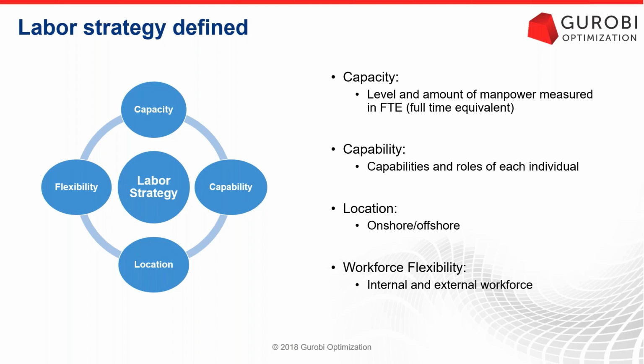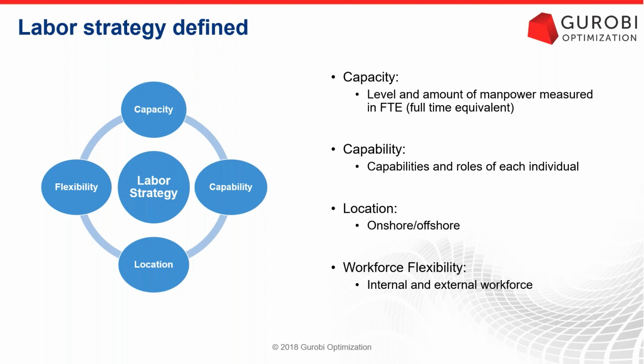FTE, for example, means that if you have one FTE to perform a job, this means that a person will be allocated to do this job 100% of the time. If you have 0.5 FTE for a job, this means that a person will be working on this job 50% of her or his time.